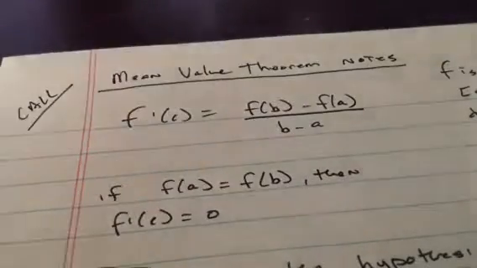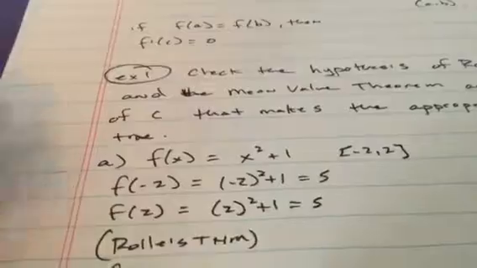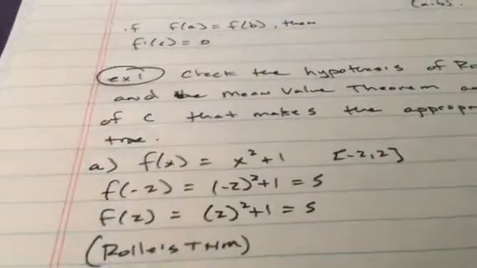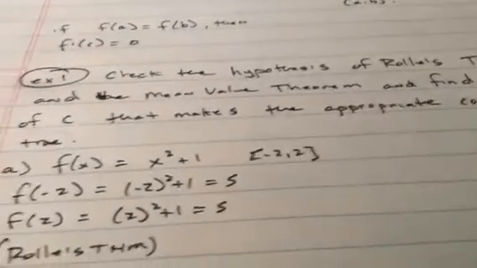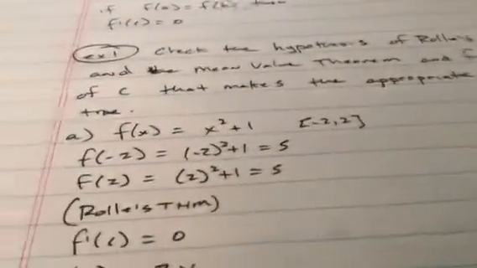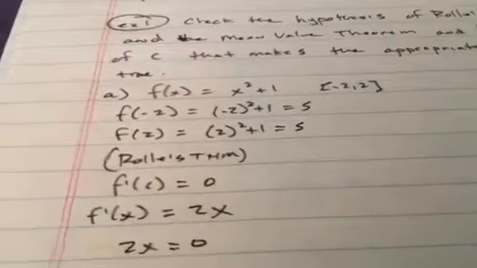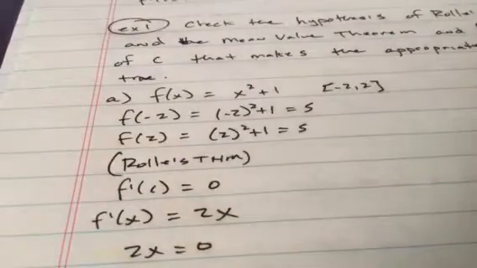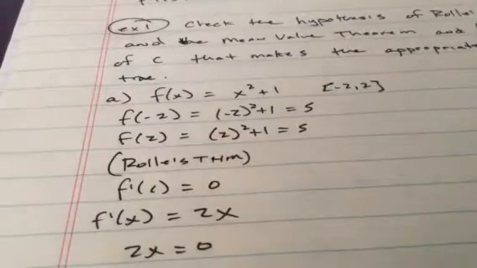All right, so I wanted to go over a few of those examples today to help you on your first homework set. Folks, this one, and you have a few like this, says check the hypothesis of Rolle's theorem and the mean value theorem and find a value of c that makes the appropriate conclusion true. All right, so first off, folks, this is going to make a lovely u, so it's continuous and differentiable.